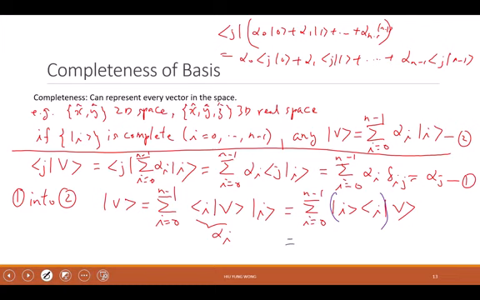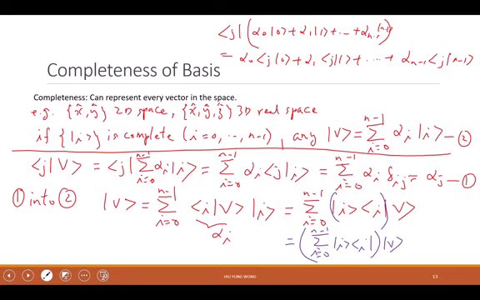This one is just equal to the summation over i from 0 to n minus 1 of |i><i|, the whole thing applied to |v>. |v> equals something applied to itself, no matter what |v>. Okay? Any |v>. Then this guy, what is this guy? It means that it does not change |v>, no matter what, so it has to be the identity.